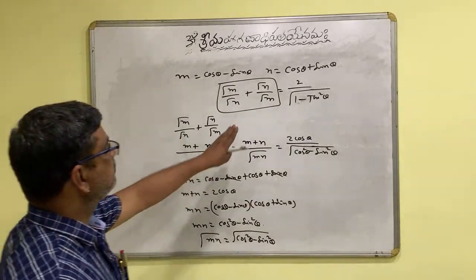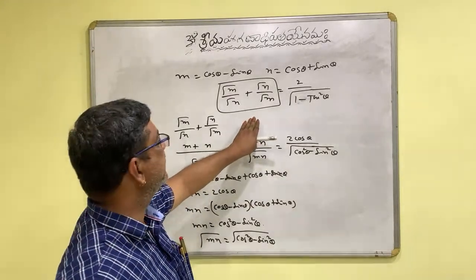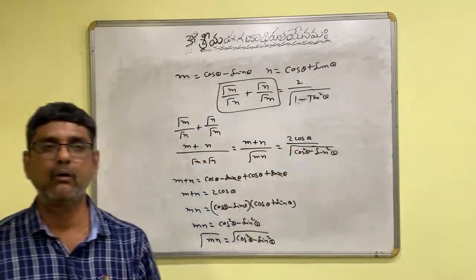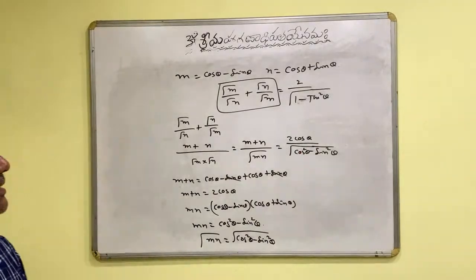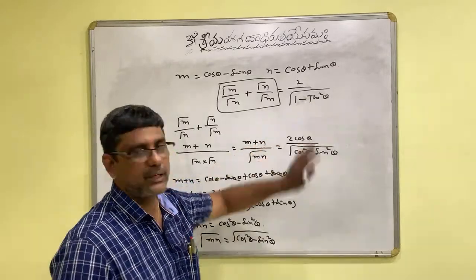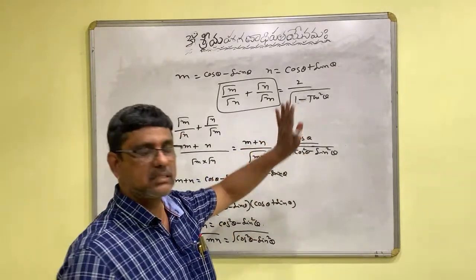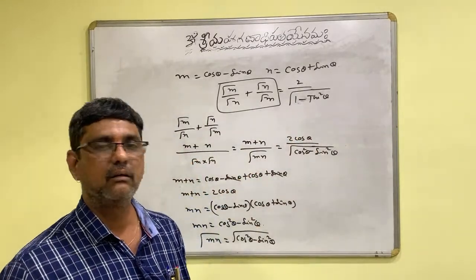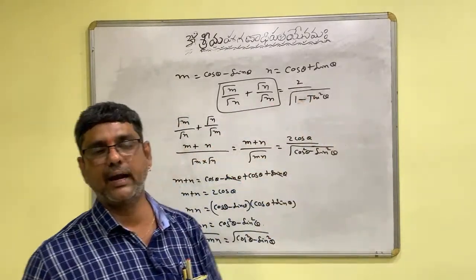By simplifying the LHS part, we got 2 cos theta by root over cos square theta minus sin square theta. Now if you simplify RHS and get the same answer, then LHS is equal to RHS.